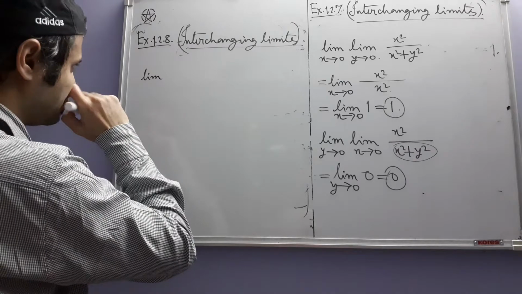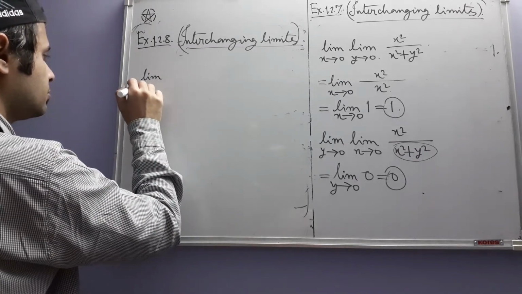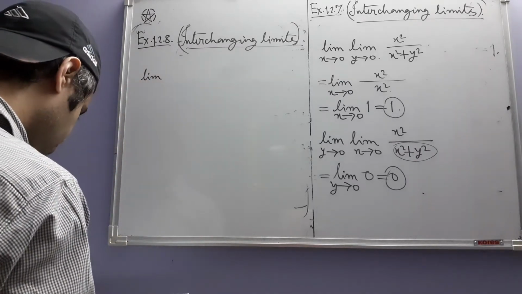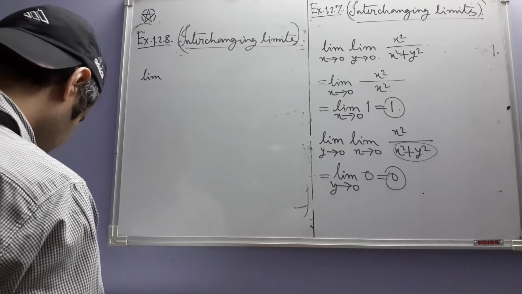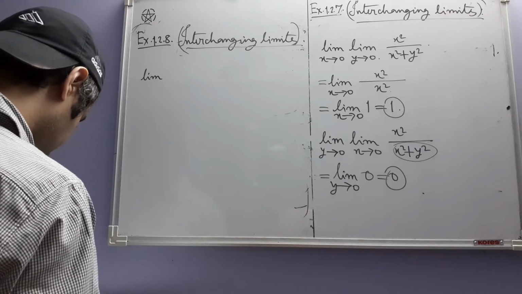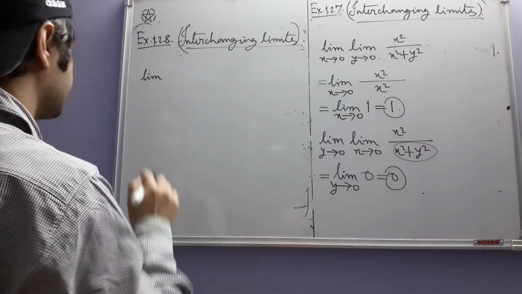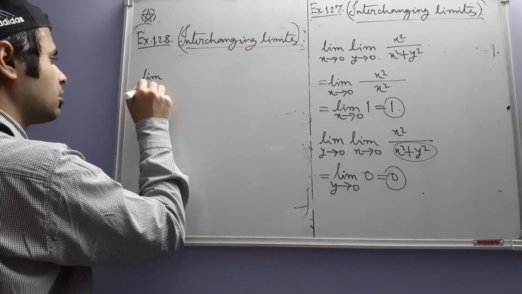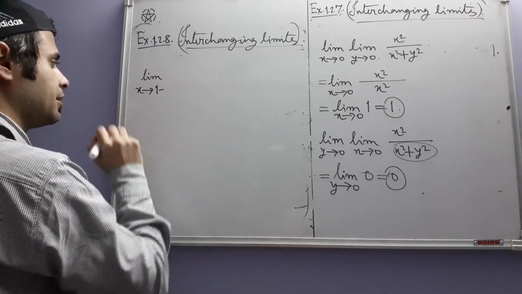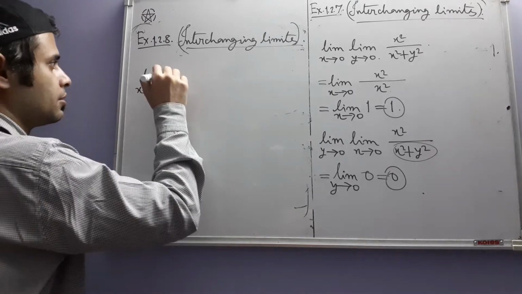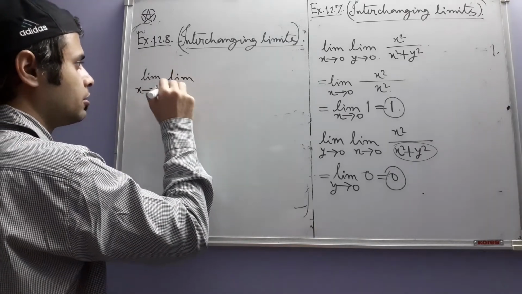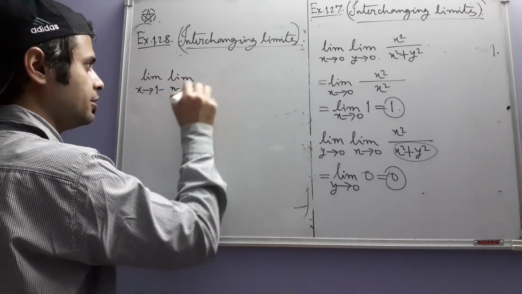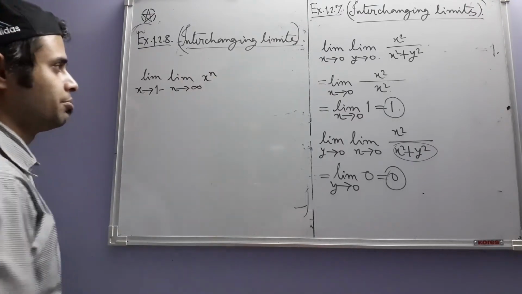And it involves the limit as x tends to 1 minus of the limit as n tends to infinity of x to the power n.